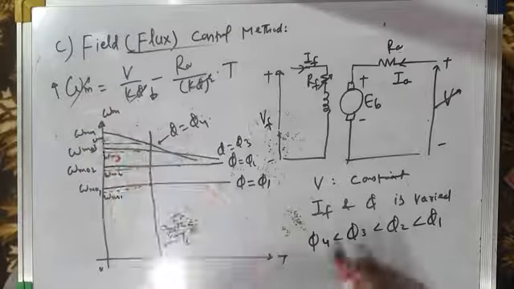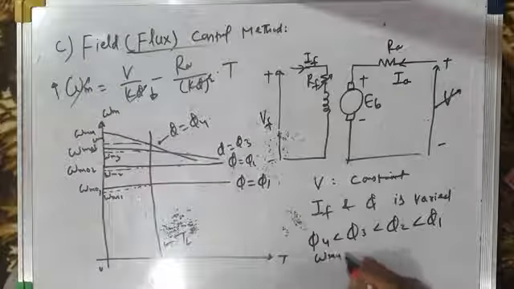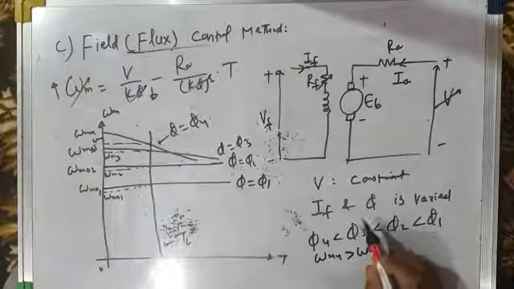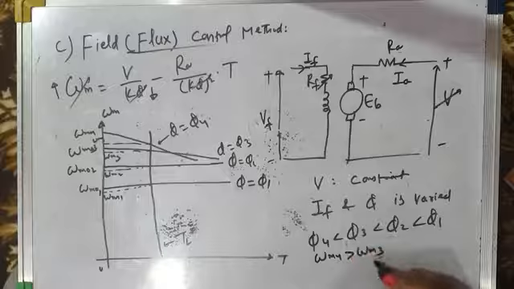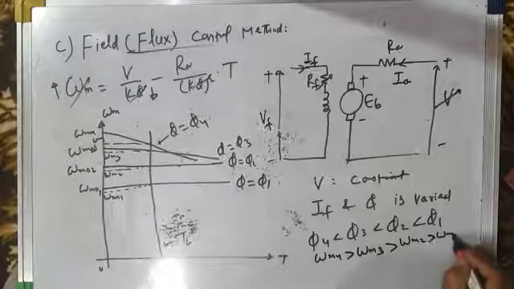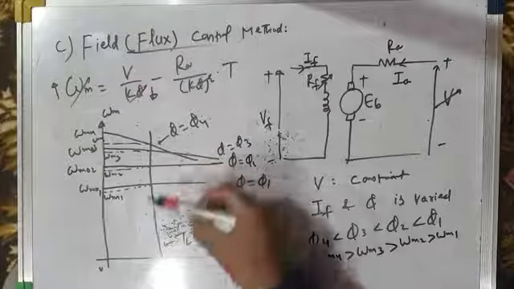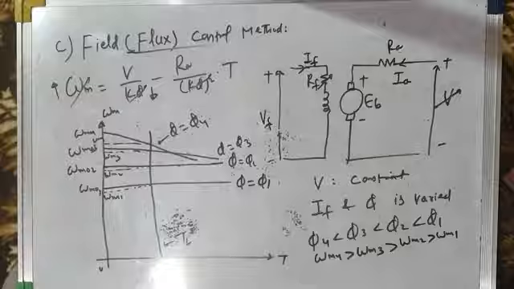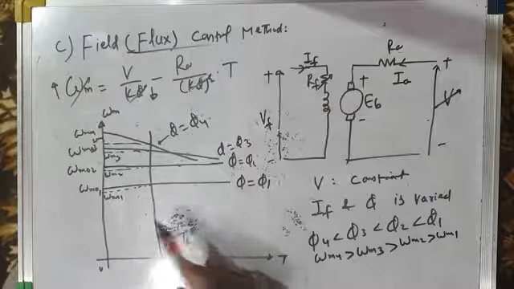At phi 4 we get speed omega m4, which is greater than the speed at phi 3, which is omega m3, greater than omega m2, greater than omega m1. So therefore, as the field flux is reduced, the speed increases. We get more and more speed. So therefore, we get speeds above base speed.